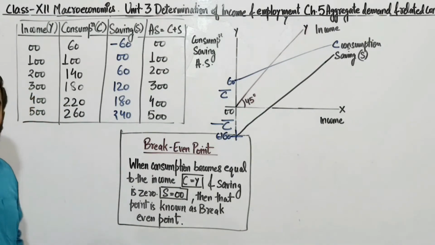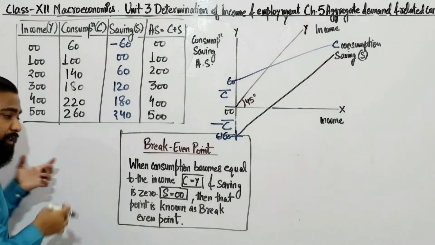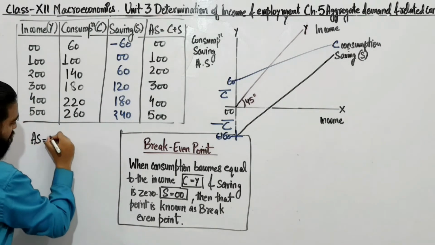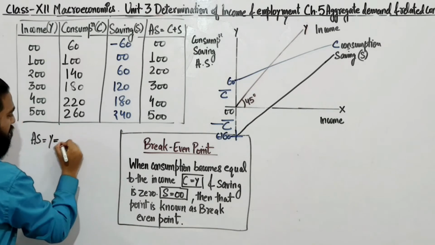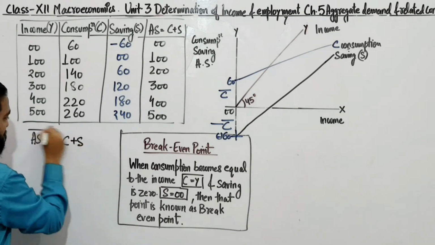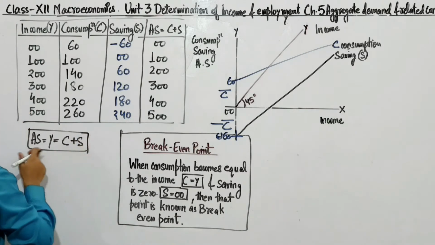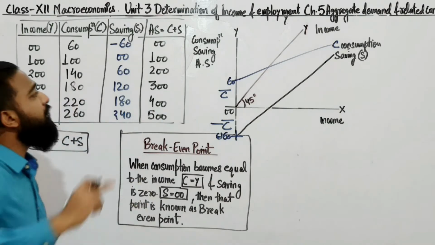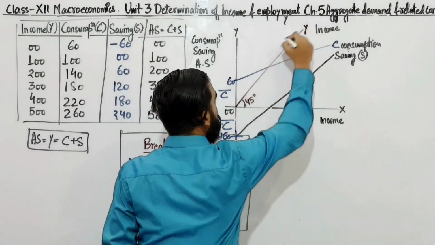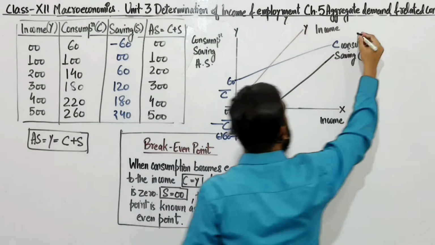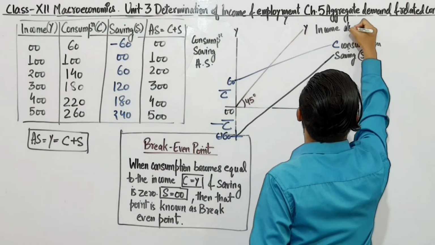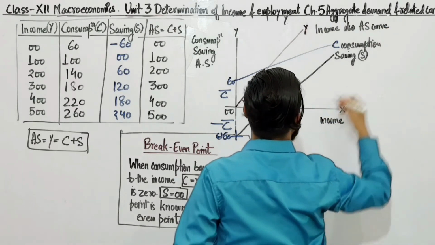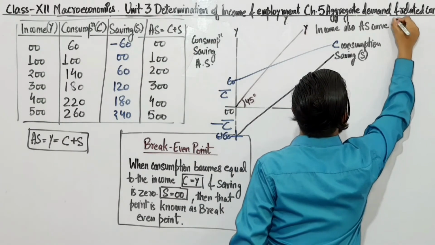Exactly, because I taught you in the previous video that aggregate supply is equal to income, and this income is equal to C plus S. Therefore AS is equal to Y. Therefore these are the same points, and this Y curve, which is the income curve, is also the aggregate supply curve. Fine, which is C plus S.